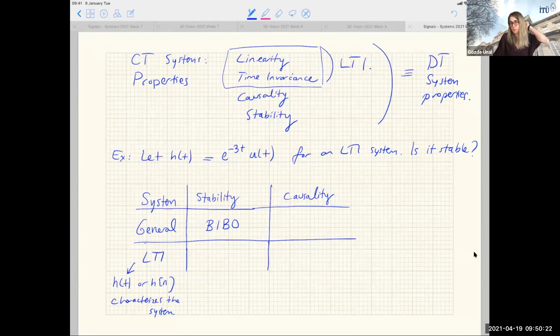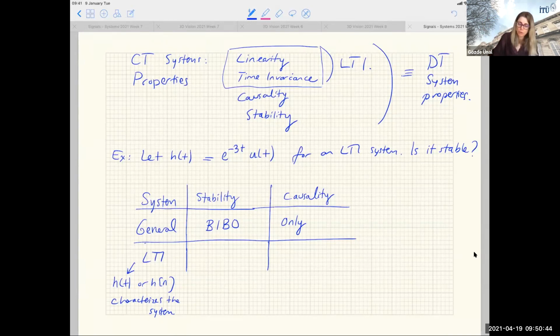There are other types of stability definitions. I assume you remember this from last time. In the general definition of bounded input, bounded output, as the name implies, every bounded input produces a bounded output. If we can prove that, we know it's a stable system.